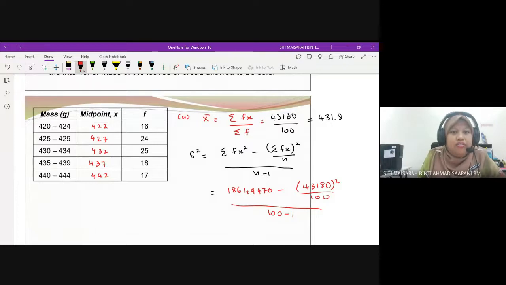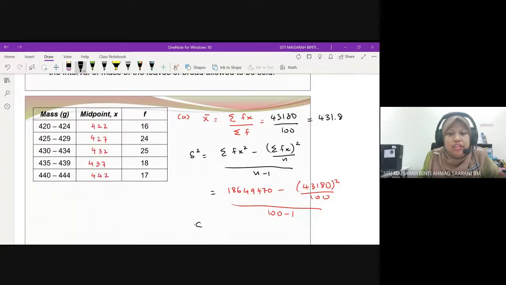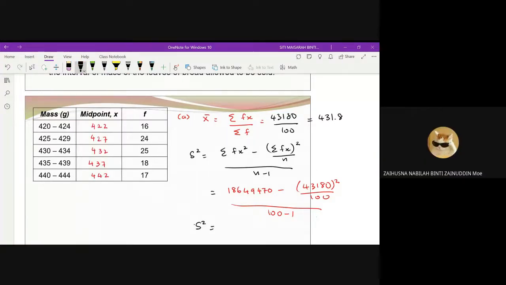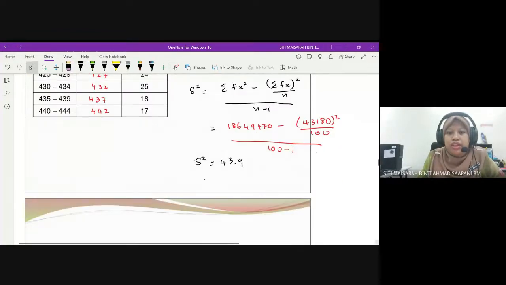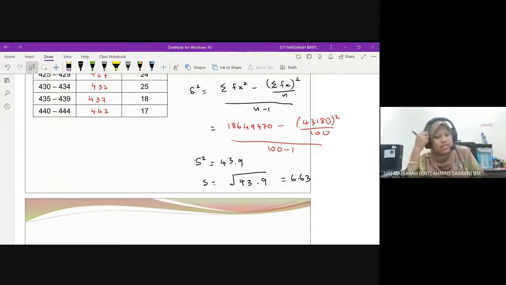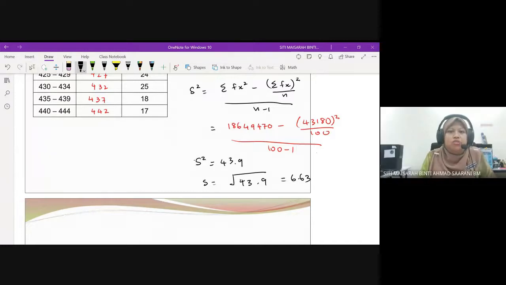So jadi variance dia dapat berapa? Baca yang bawah. 43.9. Okay. So jadi S dia square root of 43.9. Yang ni dapat 6.63. Betul? Betul kan? Kat kereta 6.63 kan? Betul. Okay. So ni A dia.